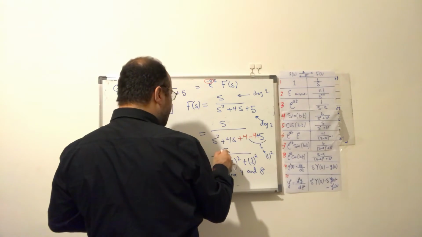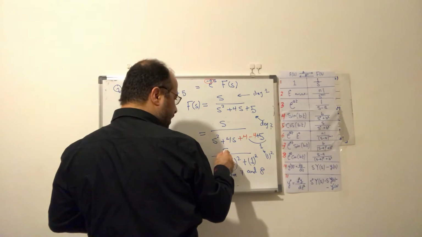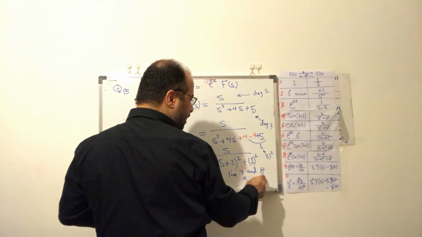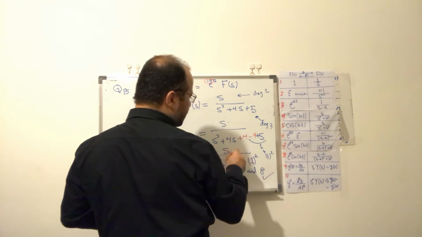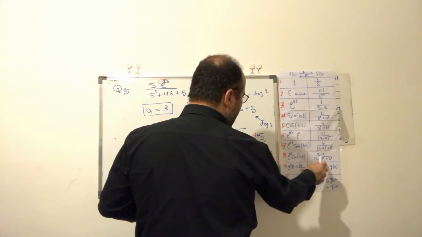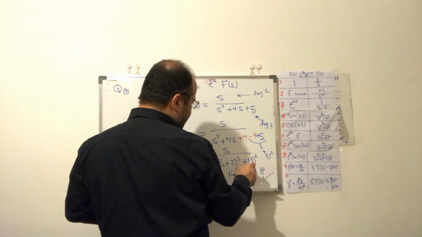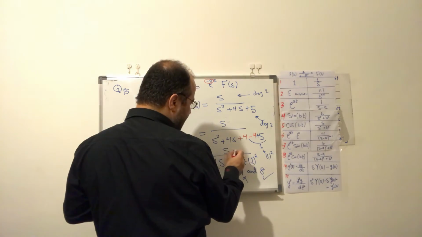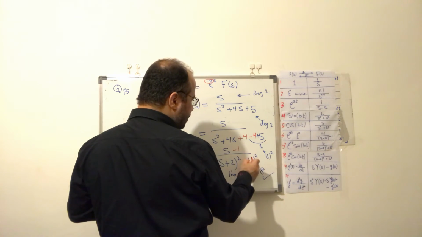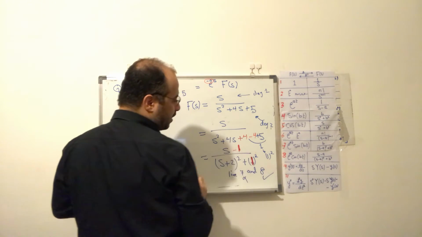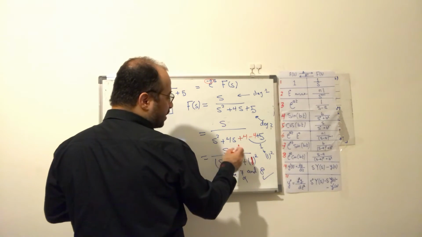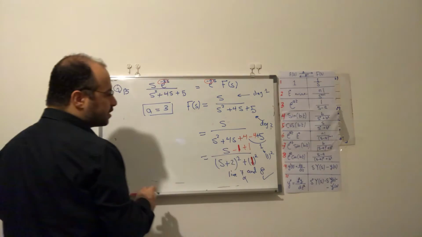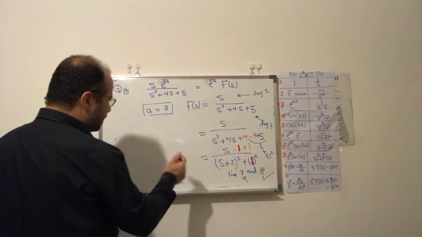But because you have an S here, you need to go with line 8, which has the cosine. Now, the only problem is the S should come with the same number here. So if you have a 1 squared here, then you're going to have a 1 here, right? But because you don't have that 1, you add and subtract that 1, and adding and subtracting changes nothing on your function f. Now let me continue here.